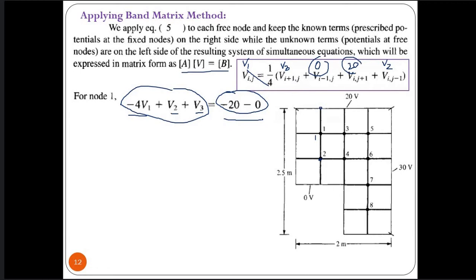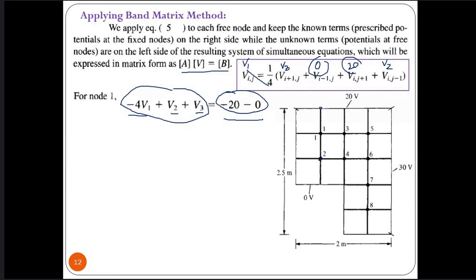Next, for node 2. For node 2, what will be the equation? Anyone from your side?